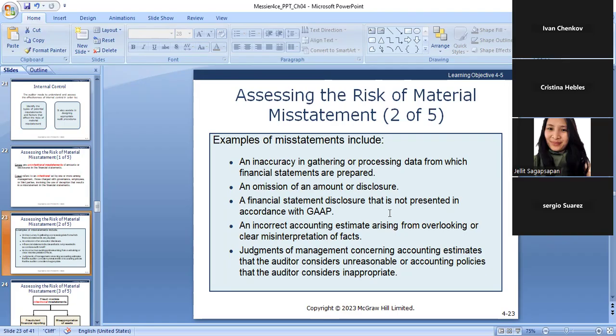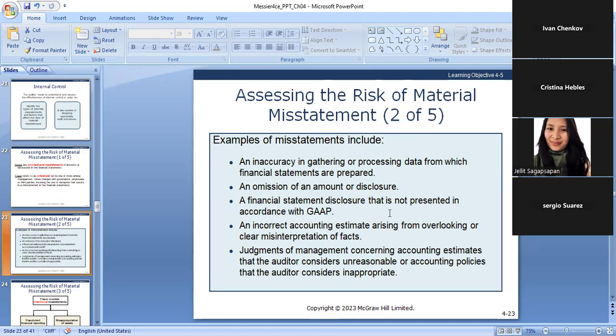Okay, makes sense. Here it will be different to differentiate which one is related to the inherent risk and which one will be related to the control risk. We're just checking here what is the example of the misstatement that may happen. Which one will be the source of that misstatement? We don't know.